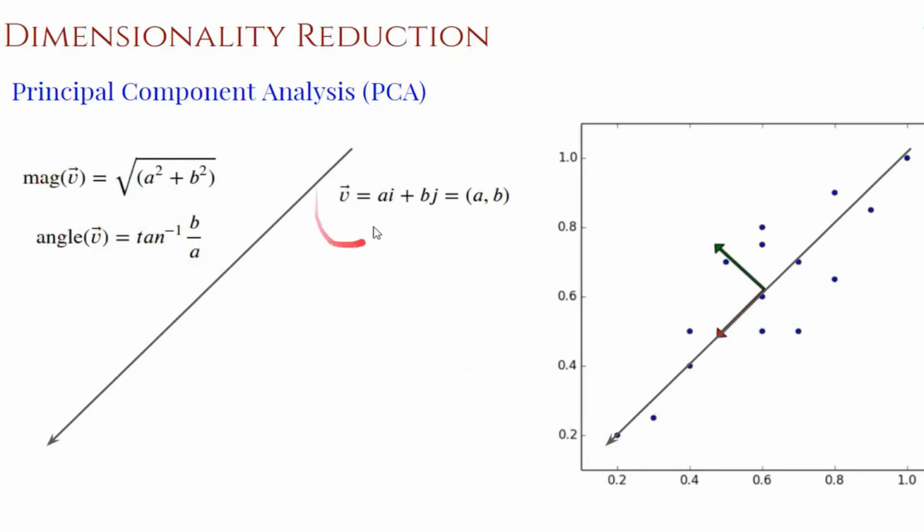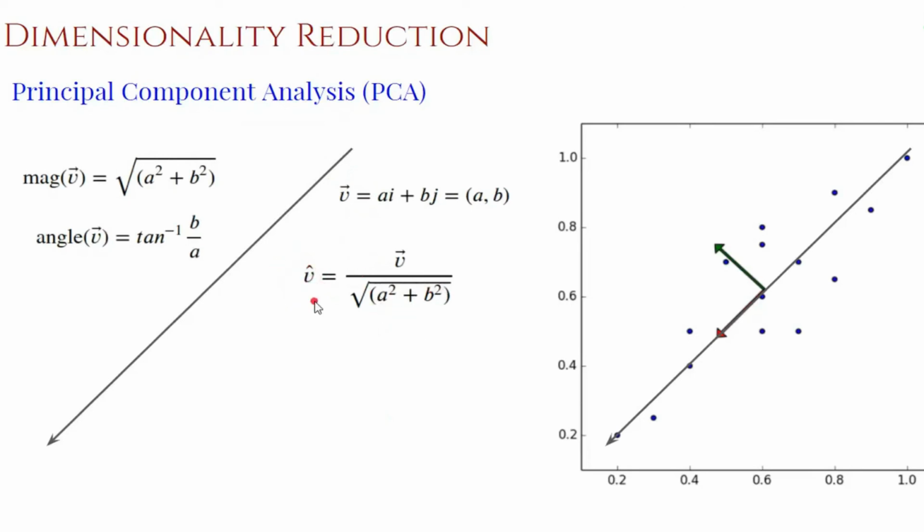Now if we take this vector and divide it by its magnitude, what we end up with is something called a unit vector. The unit vector's length will be 1. For any vector you can convert it into a unit vector by dividing it by its magnitude.